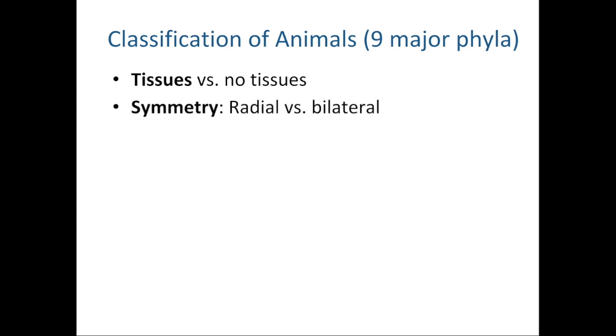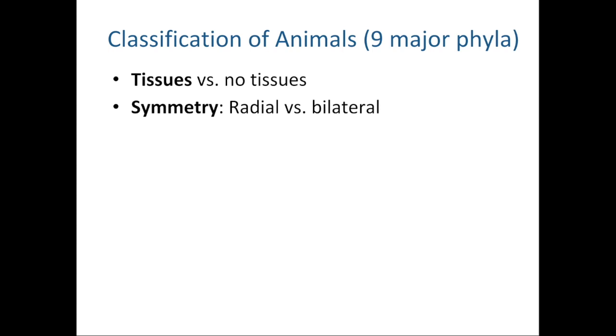Second thing we might look at is what kind of symmetry these animals have. Radial, that is to say, you could cut it through the middle in any direction, and both sides would look like mirror images of each other. Or bilateral symmetry, where there's only one plane that you can cut where the two sides would look like mirror images of each other.